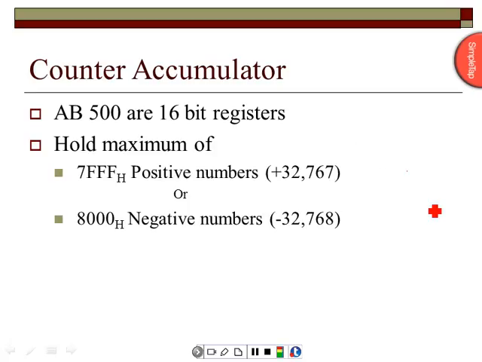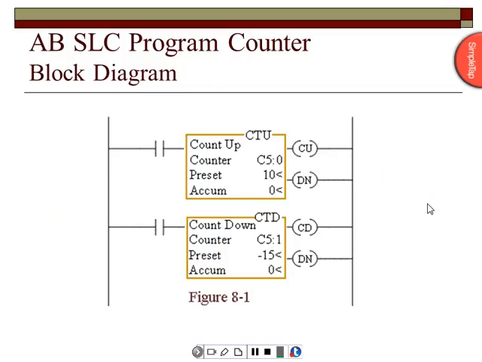Alright. So this would be your block format of a counter. And this is the way it's going to look when you put it on your PLC screen. Okay? You have the type of counter that you have. So if you bring in a CTU, that's a count up. If you bring in a CTD, that's a count down.